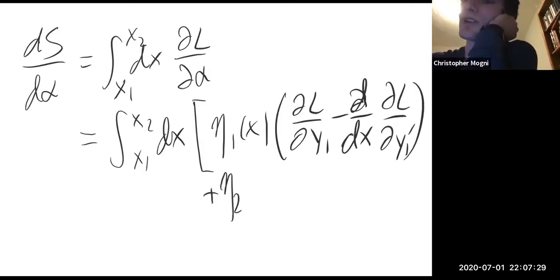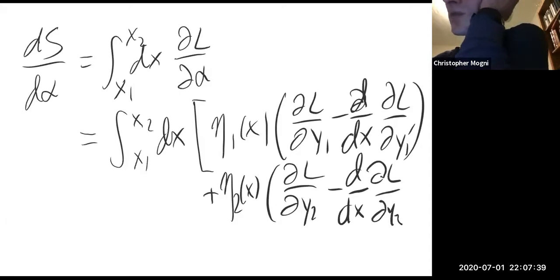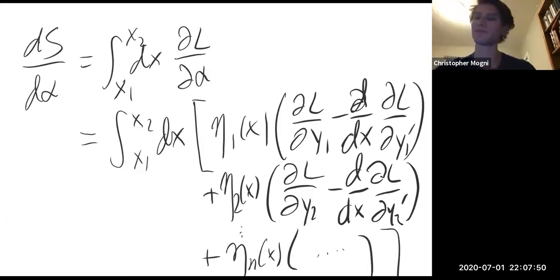Eta 2 is going to multiply dL dy2 minus d dx dL dy2 prime. And we just repeat this n times until we get to eta n of x multiplying the same stuff, just with yn instead of y2 or y1.